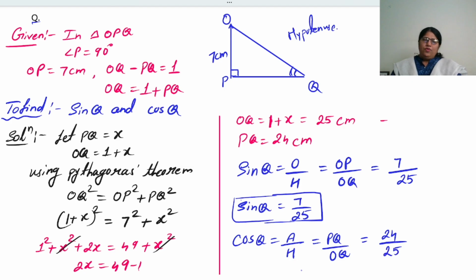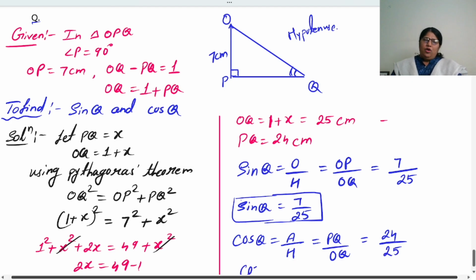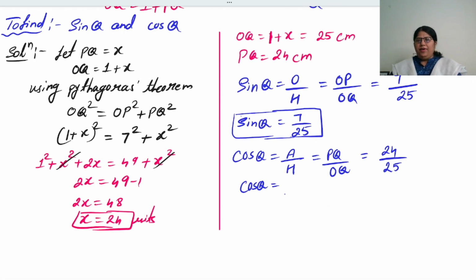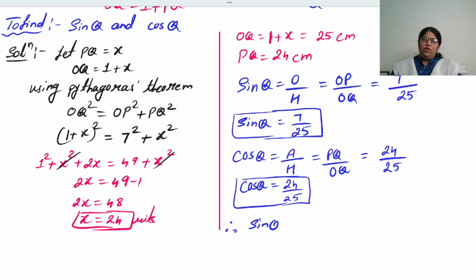So the ratio we get is cos Q value is 24 by 25. Please do not write any unit because a trigonometric ratio will never have any unit. So your answer is: sine Q is 7 by 25 and cos Q is 24 by 25.